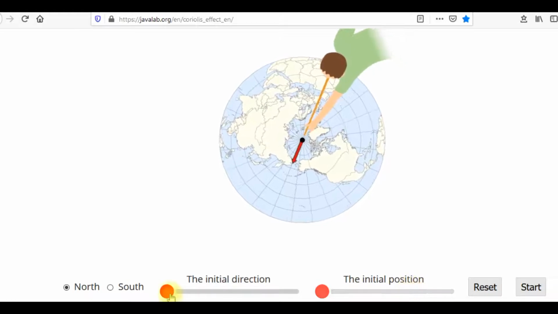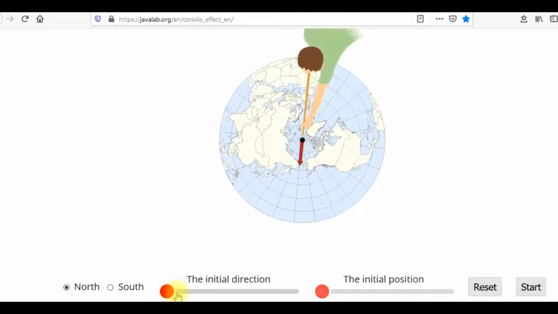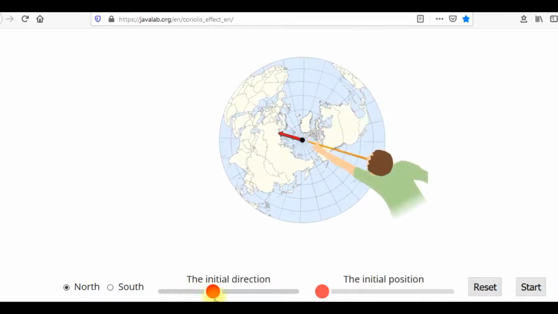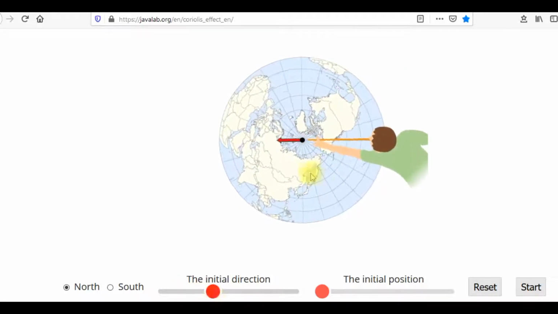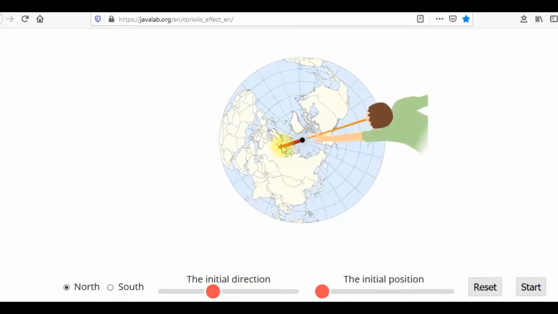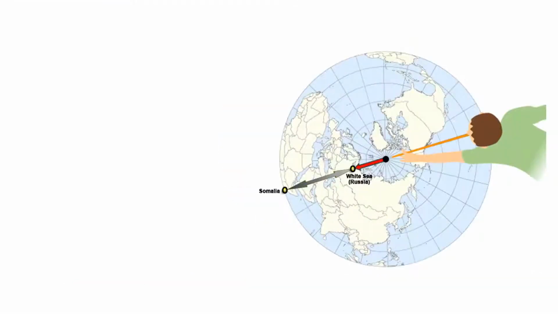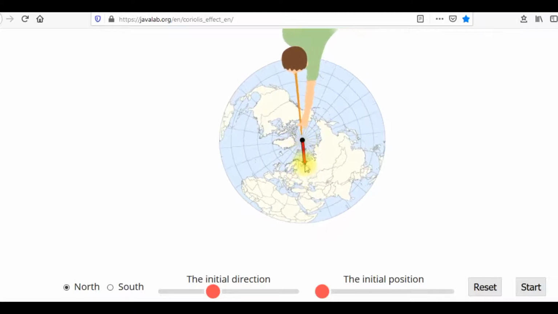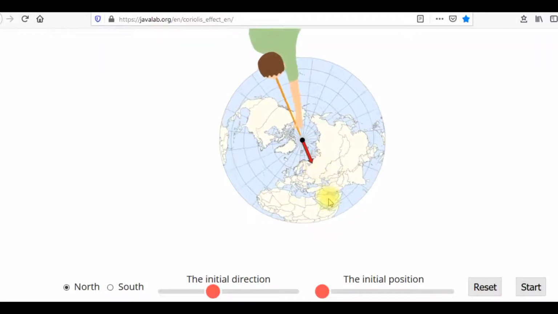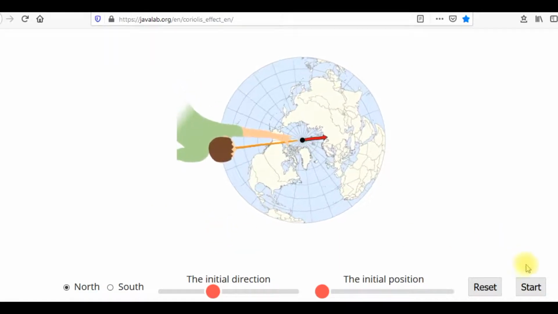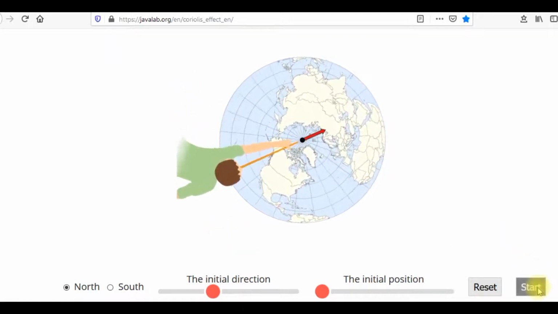I'm going to point this guy, let's say, to a flight going from right here. This flight is leaving the north of Russia right here down to what it is here, Somalia. So this airplane is taking off from here on a spinning ball Earth. So all we have to do is play start and see what's gonna happen.